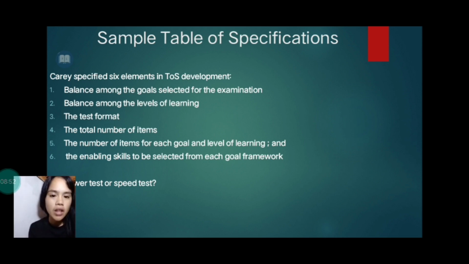It is important to have balance, the equilibrium. There is a difference between unity and balance, or fairness and balance. So this specifies the balance among the goals selected for the examination.